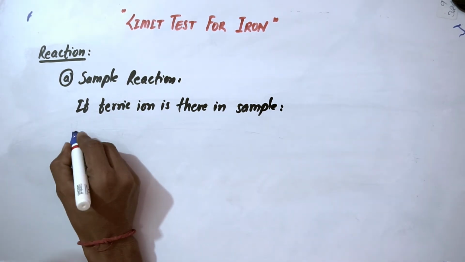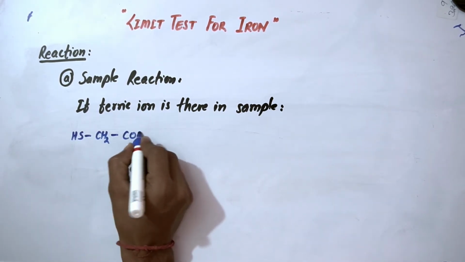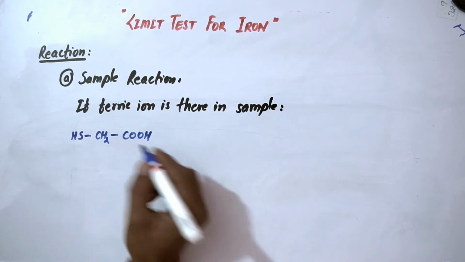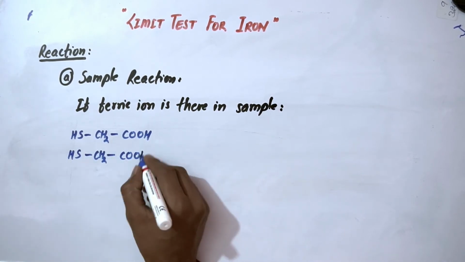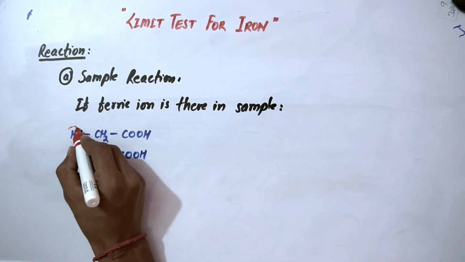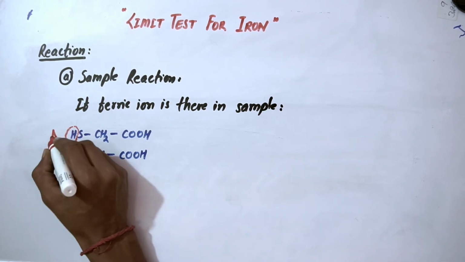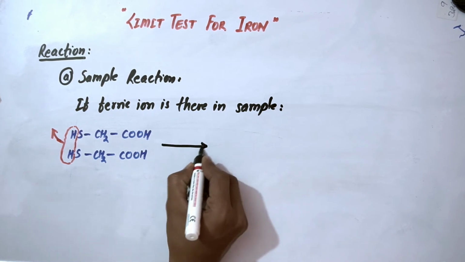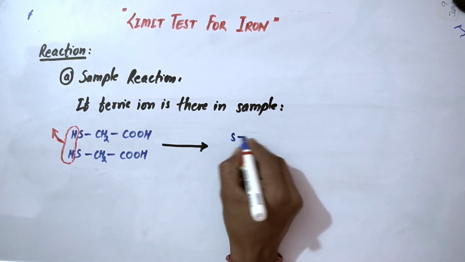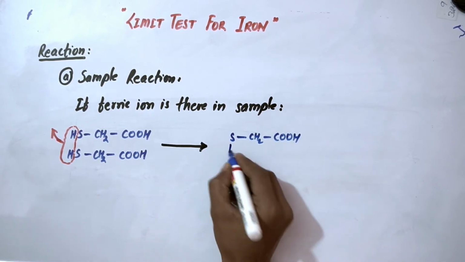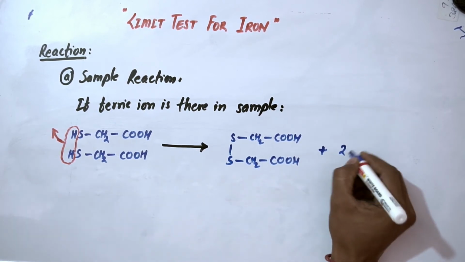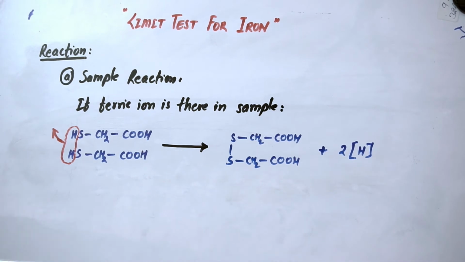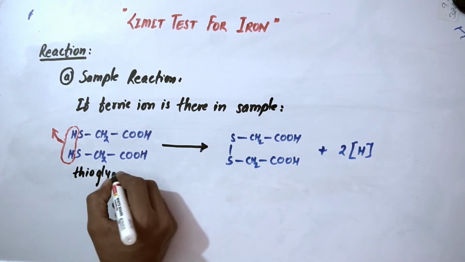Now suppose if iron impurity is present in form of ferric ion, then what will happen? For that nothing to be worried, because this thioglycolic acid, we will write two molecules of thioglycolic acid in the straight form. These two hydrogens will go outside as nascent hydrogen and it will become SCH2 COOH, SCH2 COOH, and two nascent hydrogen will come outside. Now before that we will write the name.